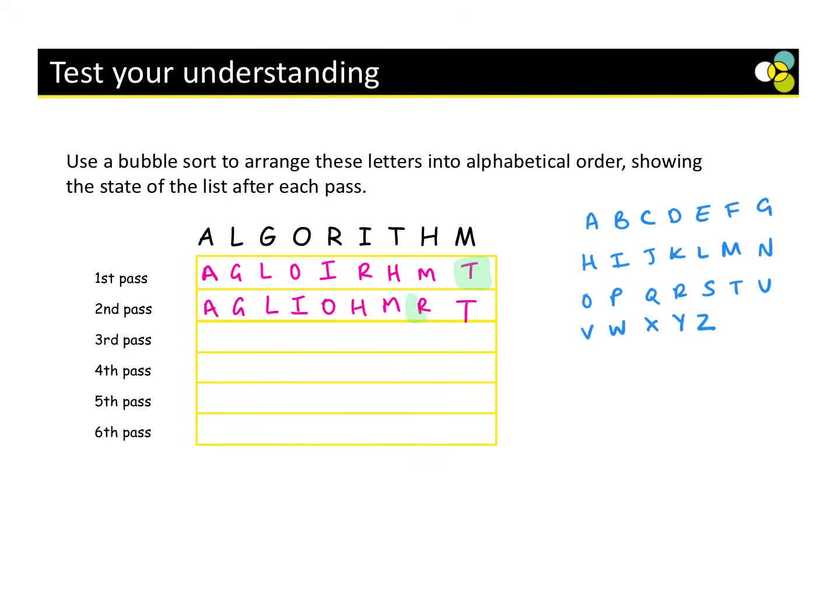Sometimes it gets a bit much saying all these letters, but this is why I had to write the alphabet on the side. Okay. A, G, L, I comes before L. L, O, L comes before O. H, O, H comes before O. M, O, M comes before O. R, T.